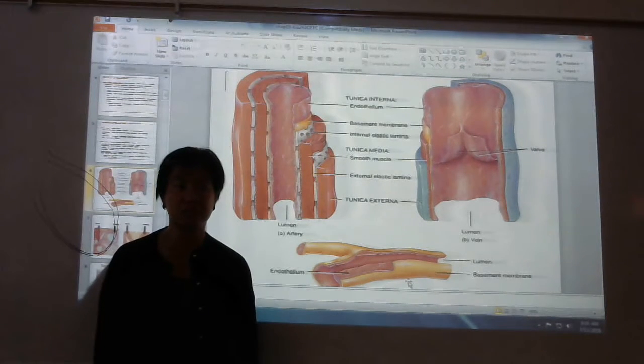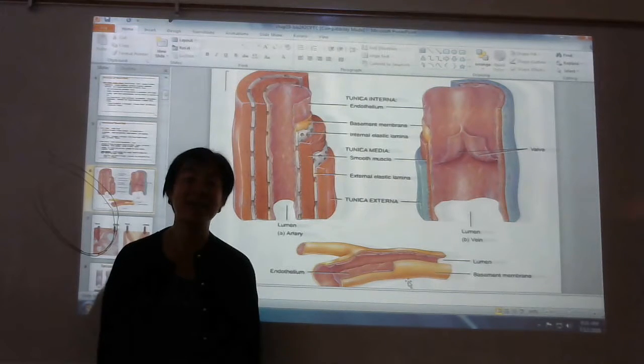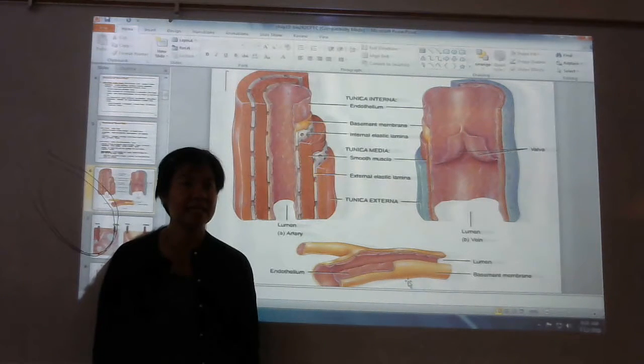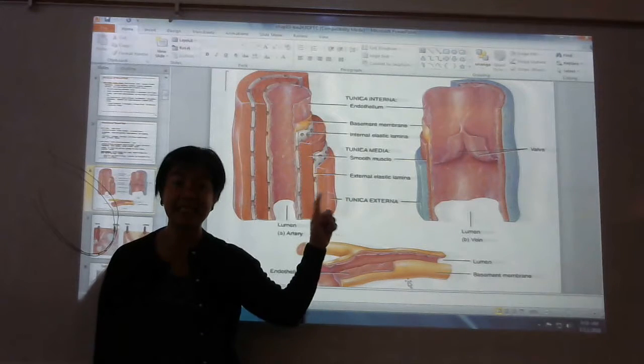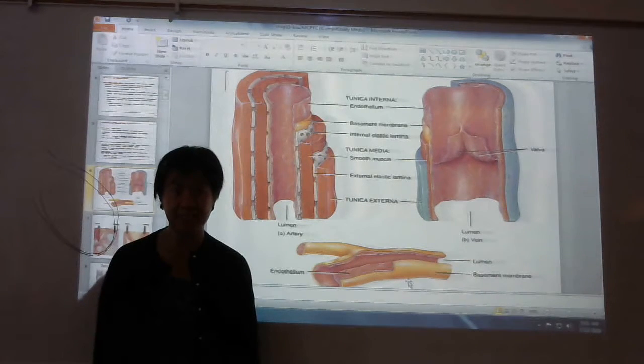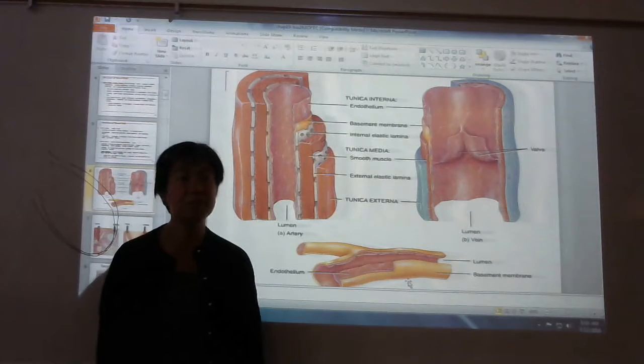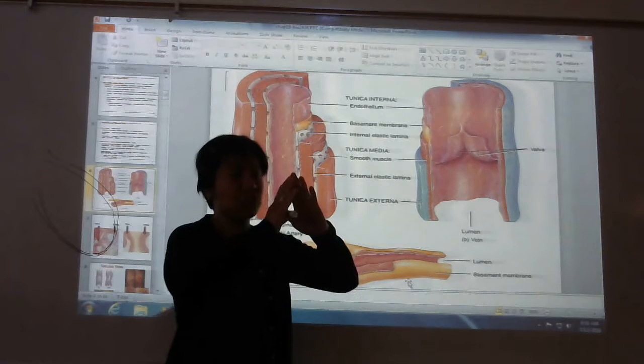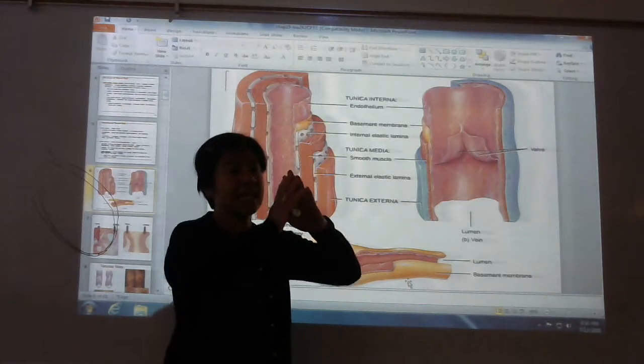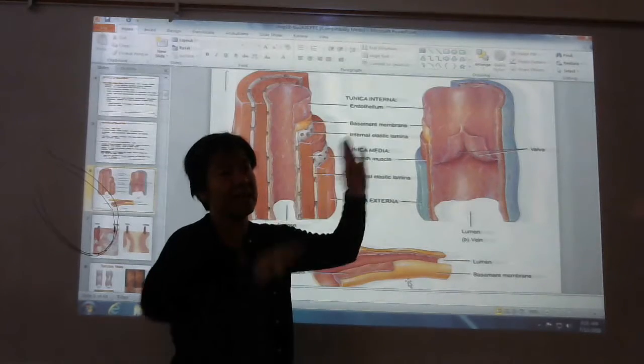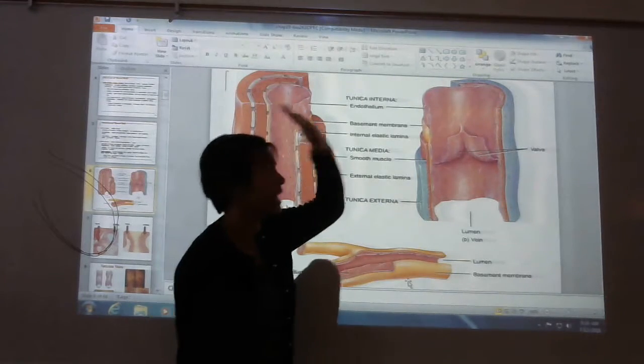Which one is stronger? The heart valves or the vein valves? Heart valves. And because of that, it's easy to have varicose veins. Okay? Because is that as strong as your heart valve? No, it's not. It's just modified epithelium. We're going to study the implication of that one.